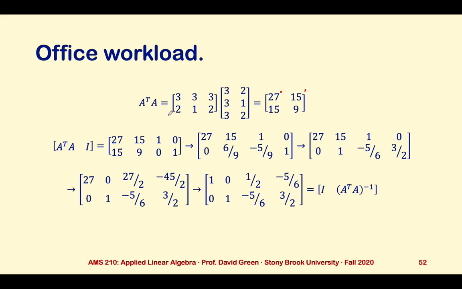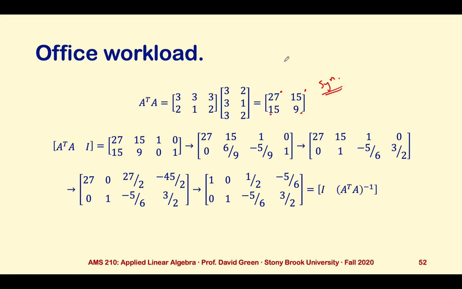The third row gives us 6 plus 3 plus 6, 15, and 4 plus 1 plus 4 is 9. We note that this matrix is symmetric, as it should be. Always a good idea to double check that our answer is in fact a symmetric matrix, as it needs to be.